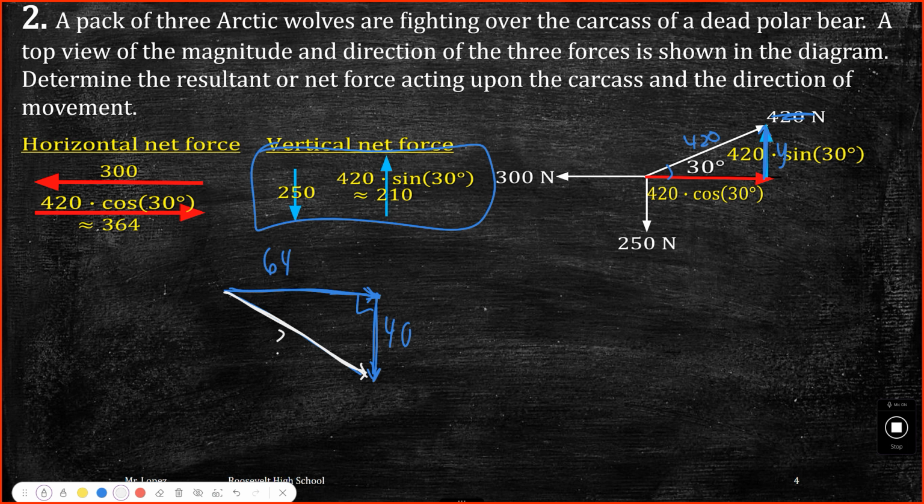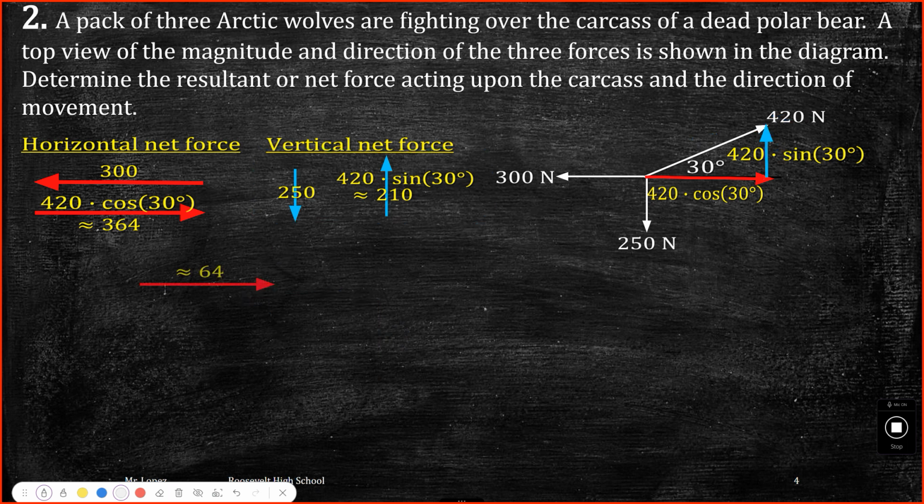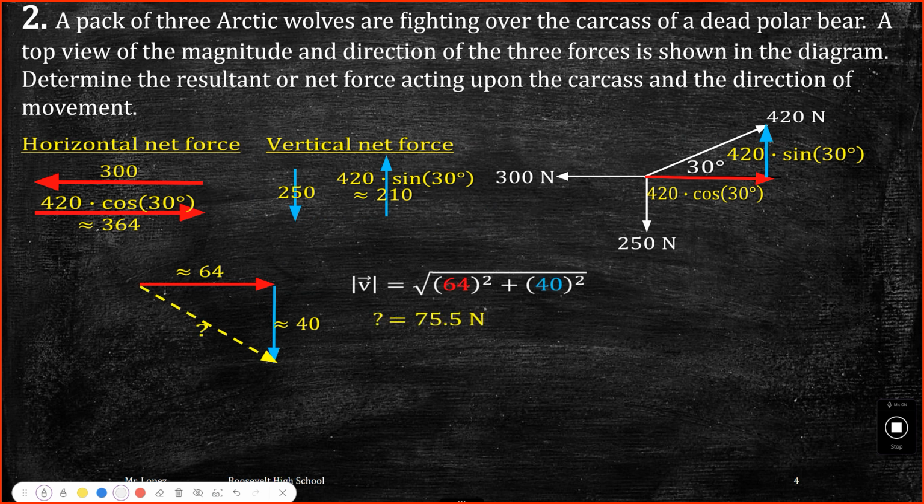What'd you get, Luz? Square root of 64 squared plus 40 squared. Around 75. Is it 75? 75.5 newtons? I don't know.